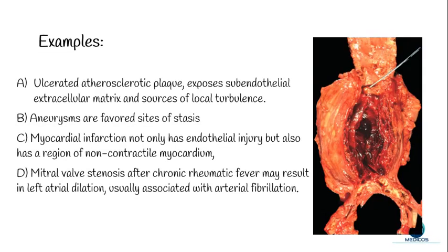Aneurysms are also favored sites of stasis. Myocardial infarction not only has endothelial injury but also has a region of non-contractile myocardium, which creates an area of stasis, resulting in mural thrombi formation. Mitral valve stenosis after chronic rheumatic fever may also result in left atrial dilation, usually associated with atrial fibrillation, and a dilated left atrium is a site of stasis and a prime location of thrombus development.